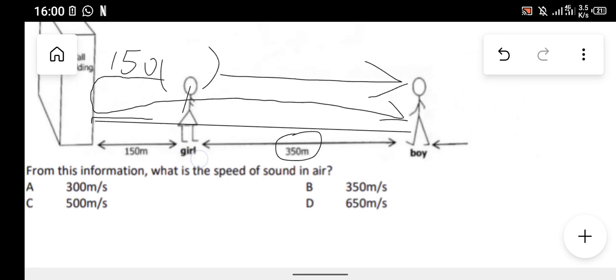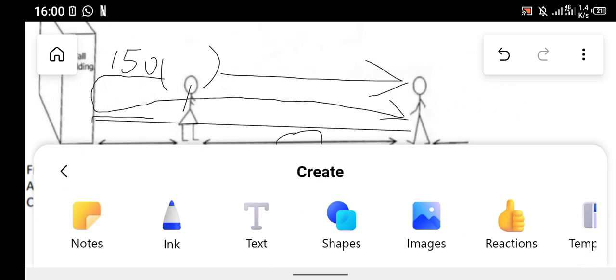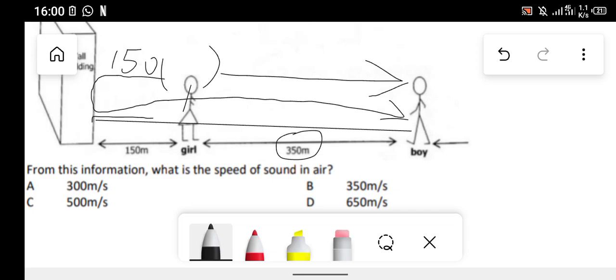We know that the total time taken for this boy to hear the sound is 2 seconds. But we have two bangs, so to find the actual time taken, you subtract 1 from 2 seconds. We get 1 second. That's the difference. We have found our time.